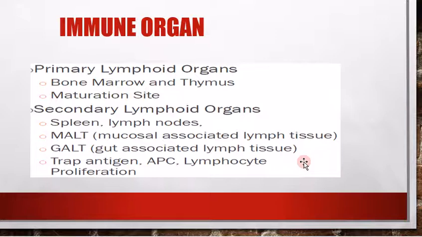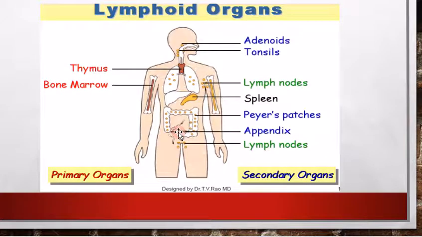So BALT is the bronchus associated lymphoid tissue. Okay, so these are the two different types of organs. Sometimes you'd be asked to name the two different lymphoid organs. So primary lymphoid organs and secondary lymphoid organs, you should know about that.